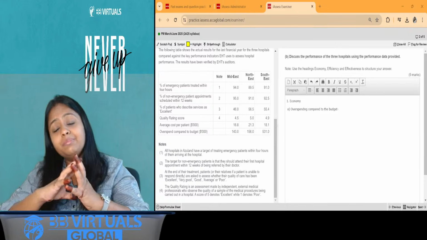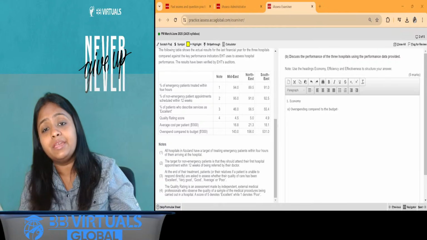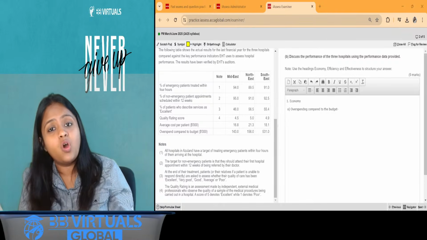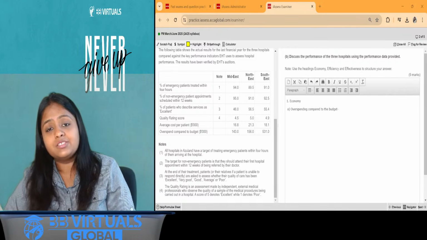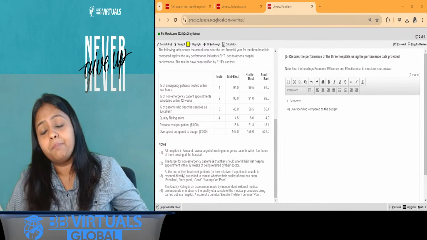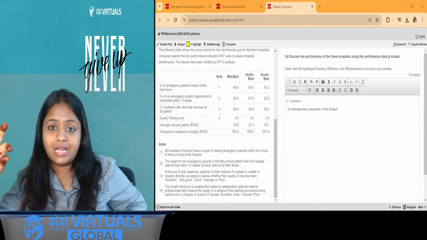Here I'm discussing all, because overspending is going to impact all the hospitals. Clear? So there is a clear case of overspending, which is impacting all the hospitals. So here we are talking about that as well.